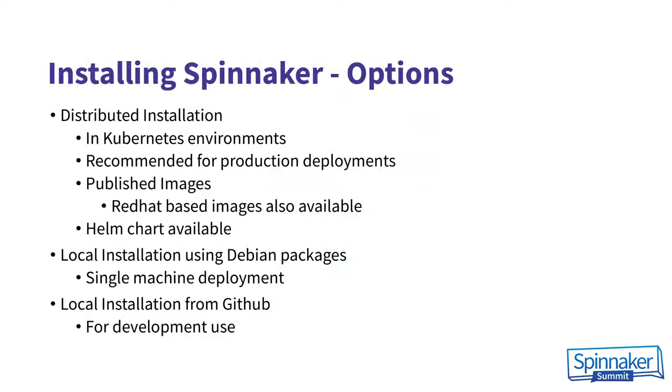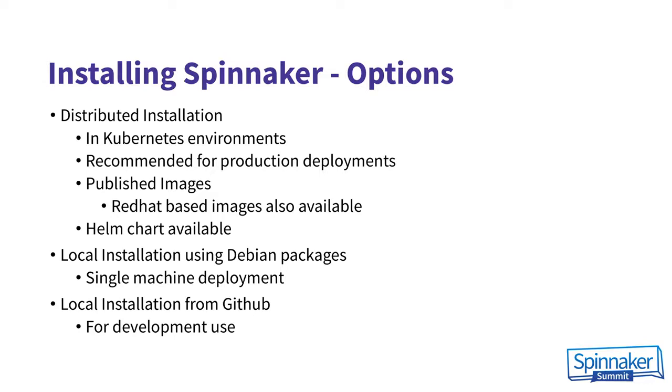If I have to install it, what are my options? Because it's a microservices-based architecture, the best install option is really deploying in a Kubernetes environment, okay? You get the scalability that you can do very easily, as opposed to doing a local or a VM-based installation.